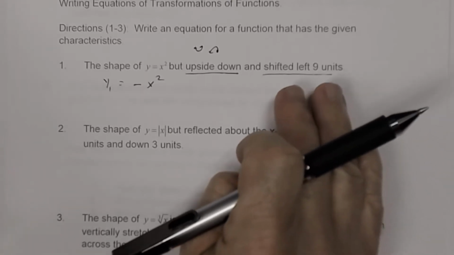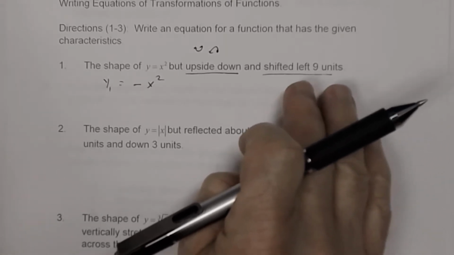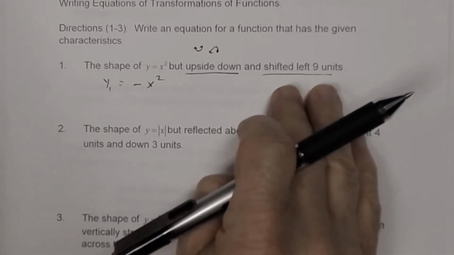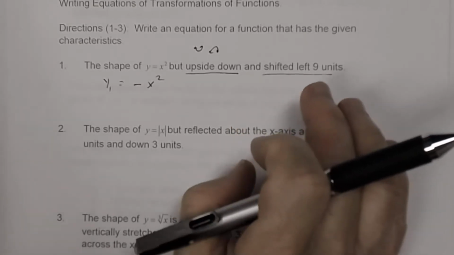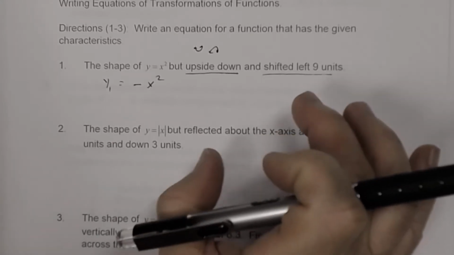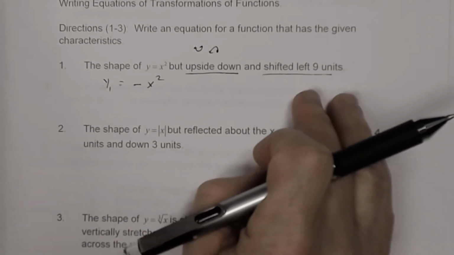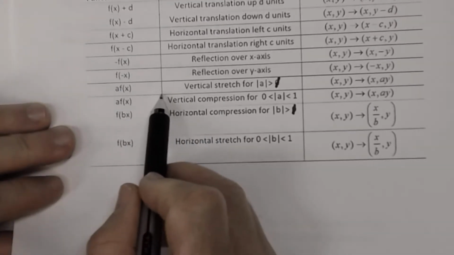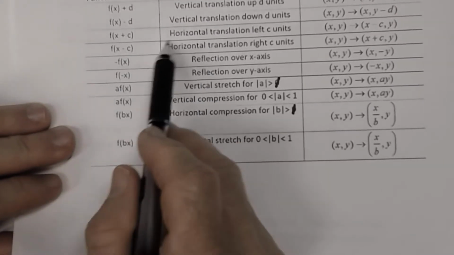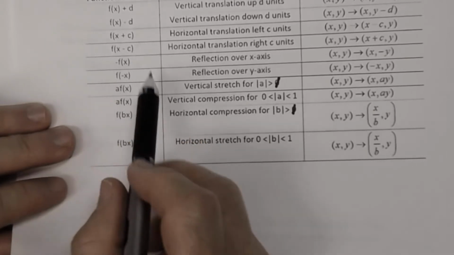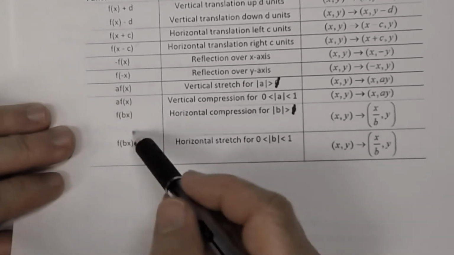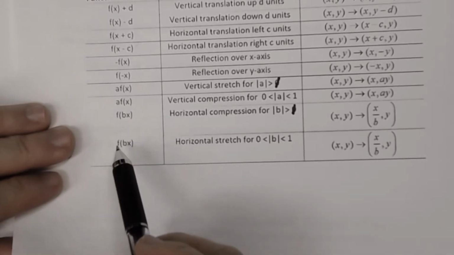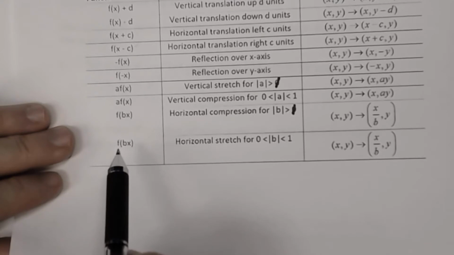Now remember, with all the lessons we've done, the horizontal shifting and horizontal stretching or shrinking are the ones that cause students the most difficulty. So this right here, the horizontal translation, and the horizontal compression and stretch, those two cause the most issues.